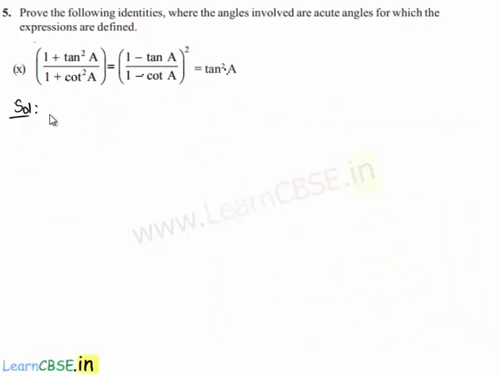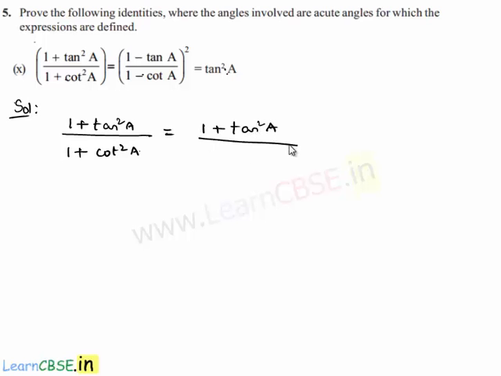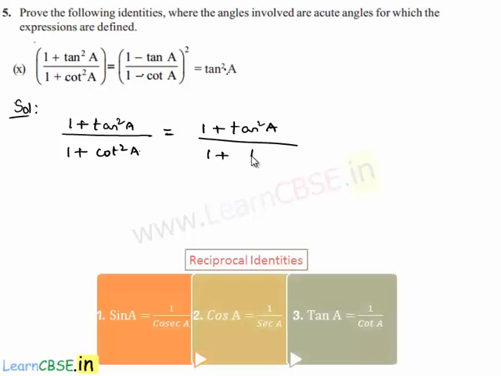So let us consider the first part, that is (1 plus tan square a) by (1 plus cot square a), which is equal to (1 plus tan square a) whole divided by (1 plus cot square a), where cot a can be written as 1 by tan a whole square, that is nothing but 1 by tan square a.